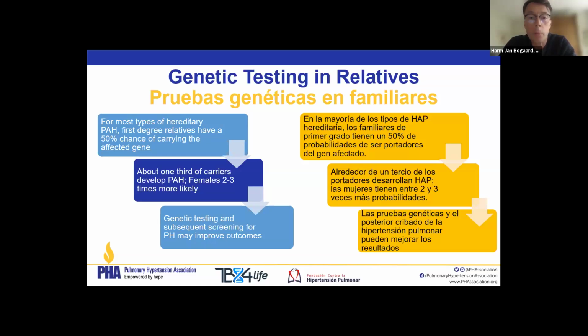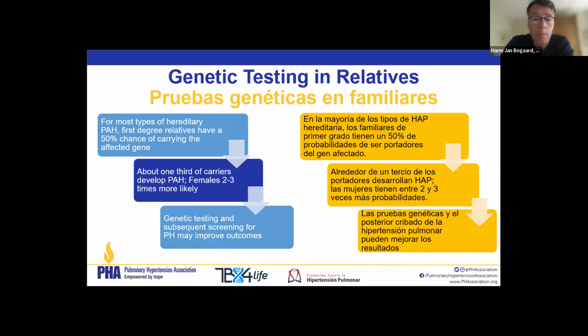Females have about 40% chance of developing the disease when they carry the gene, and males only have about 14% chance to develop PAH when they carry a pathogenic variant in the BMPR2 gene. So it's quite a complicated issue whether you want to be tested and what the implications of carrying a gene are for different individuals.